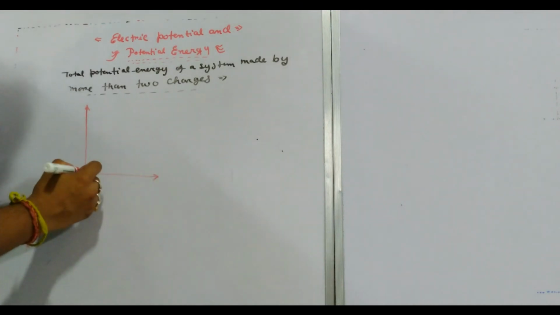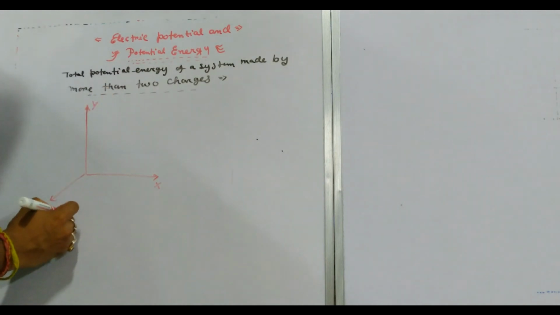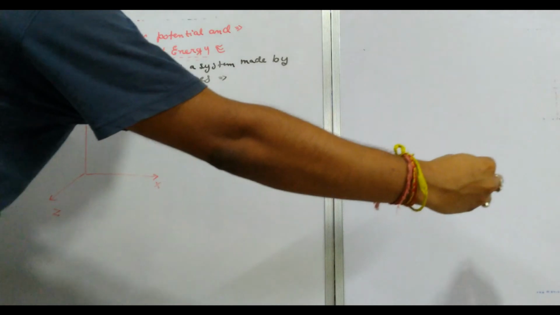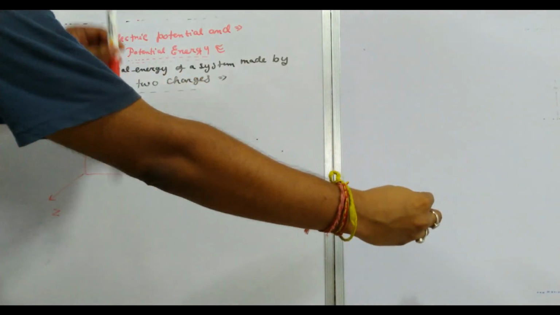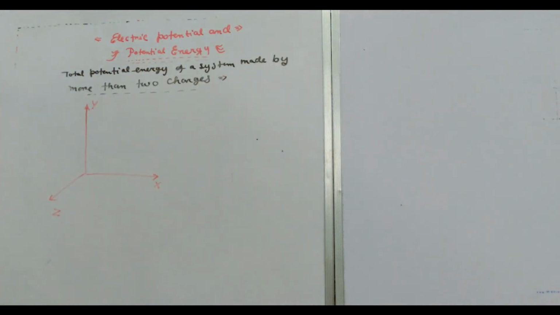Imagine this is a three-dimensional configuration. This is the x-axis, this is the y-axis, and this is the z-axis, perpendicular outward from the board. Clear?